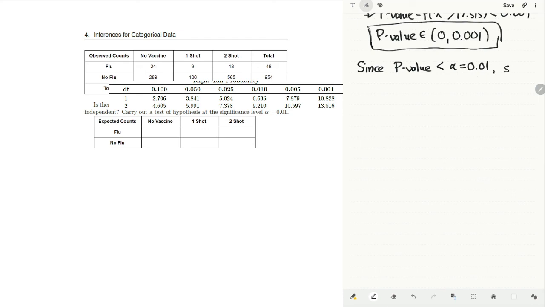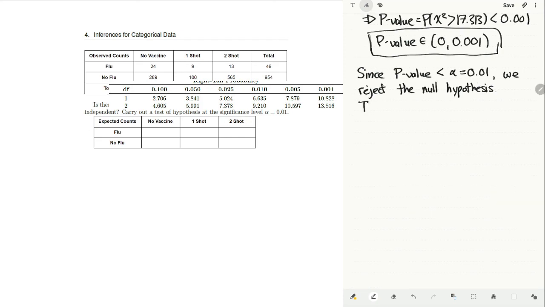That means we reject the null hypothesis. And remember, the null hypothesis for the test for independence is that the two categorical variables are independent.